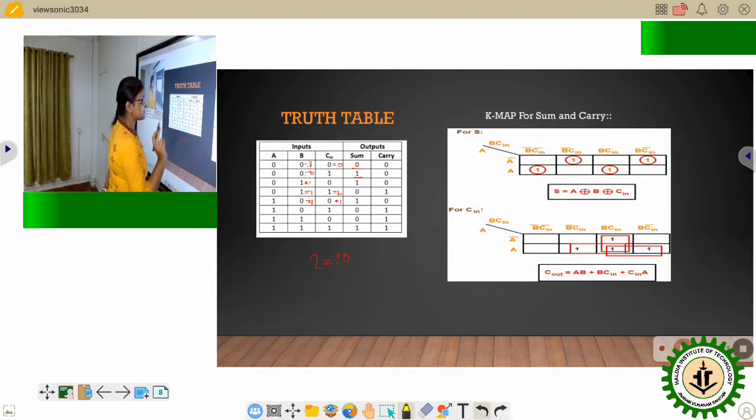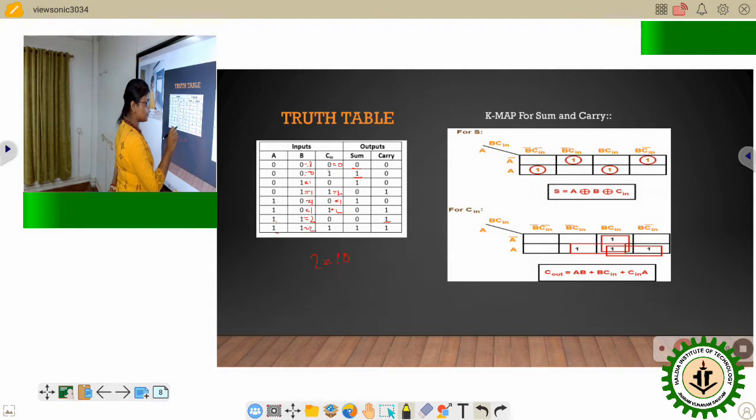In the case of 1 plus 1 is equal to 2, means 1 will be in the carry part and the sum will be 0. So this also, 1 plus 1 is equal to 2, the carry will be 1 and the sum will be 0.